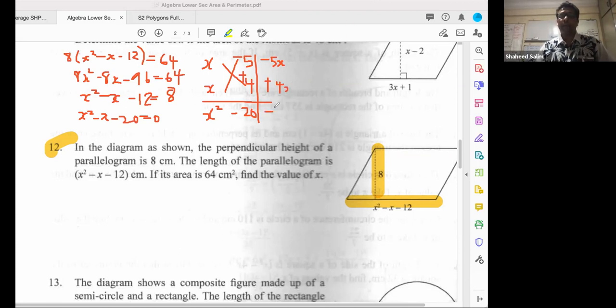Okay, so now x minus 5, x plus 4 equals 0. Oh, I pressed the wrong one. Hold on. x minus 5, x plus 4 equals 0.